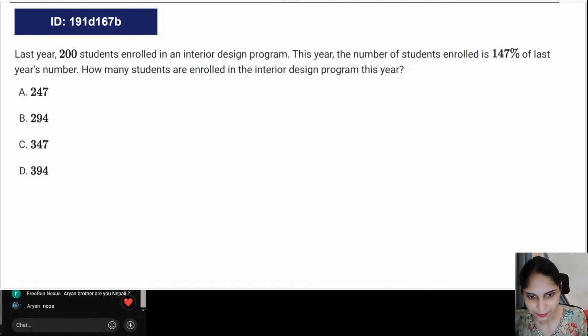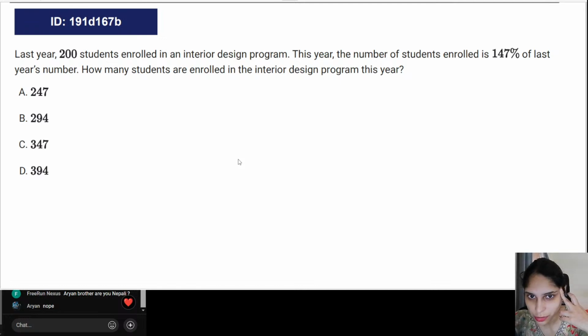Now question number 10. Last year, 200 students enrolled in an interior design program. This year, the number of students enrolled is 147% of last year's number.